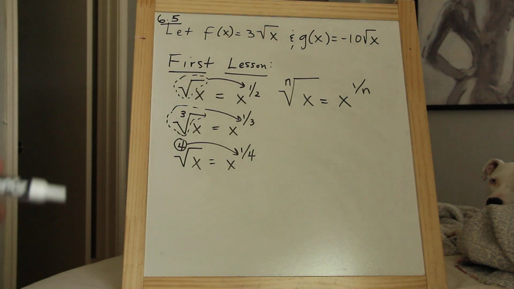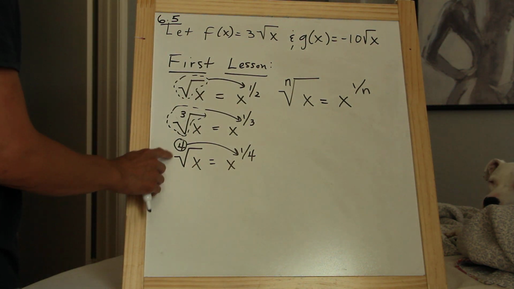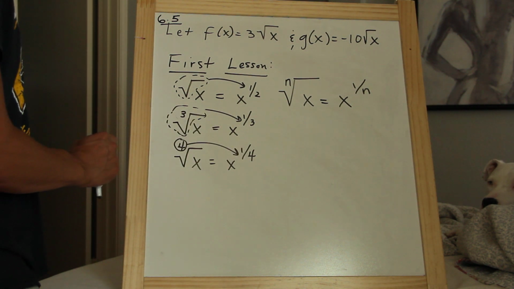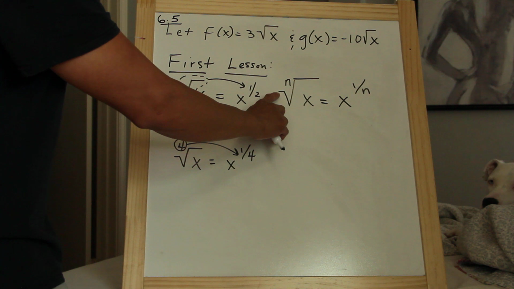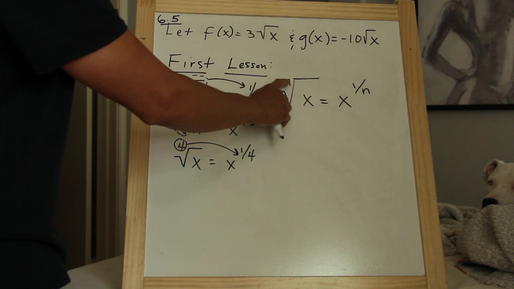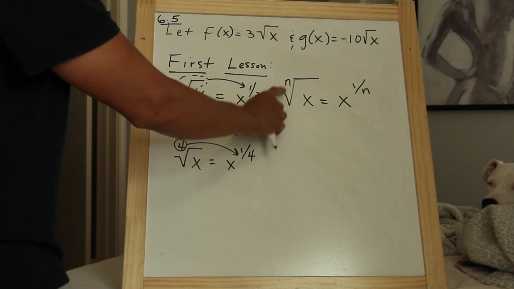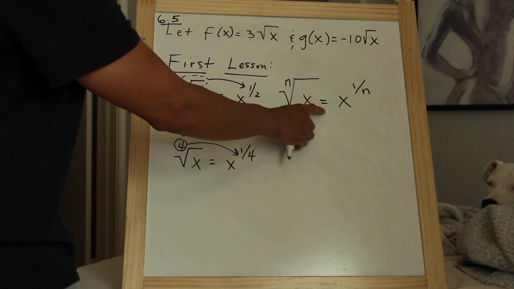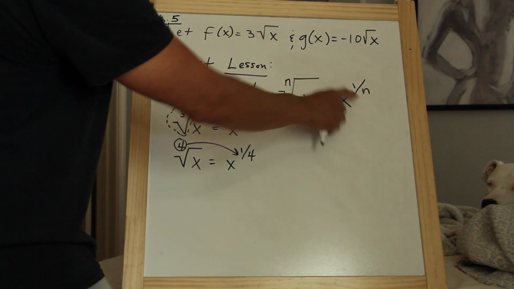So you can see the pattern here. If I do the fourth root of x, that's equal to x to the 1/4. So whatever my radical is, the index of the radical, n, which could be any number, is equivalent to x to the 1/n.